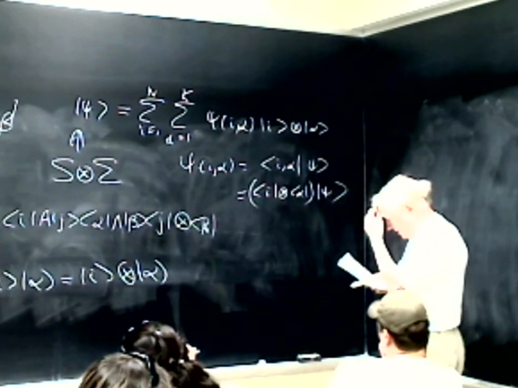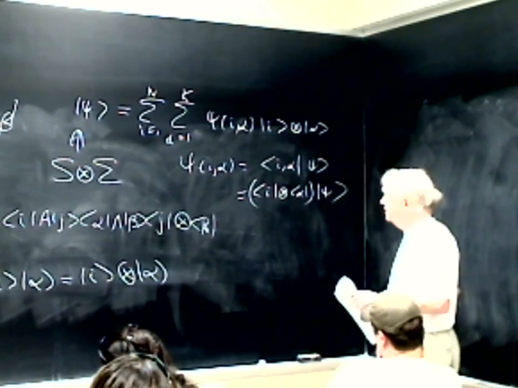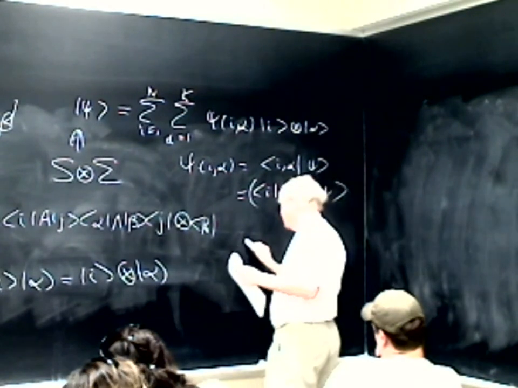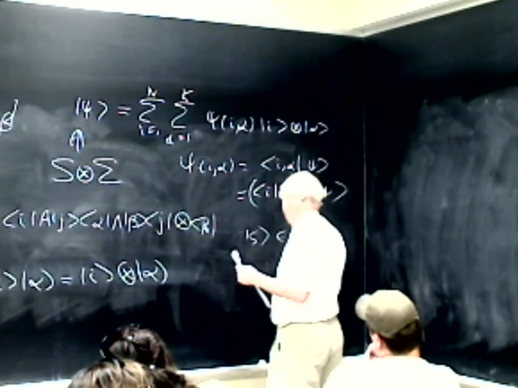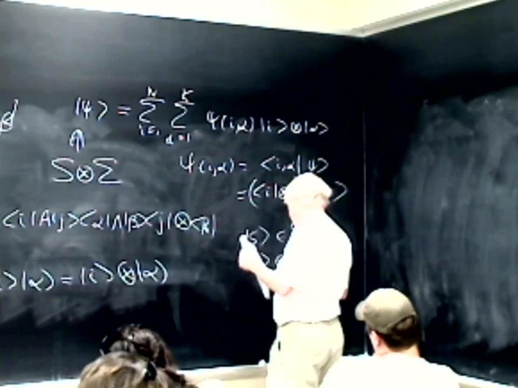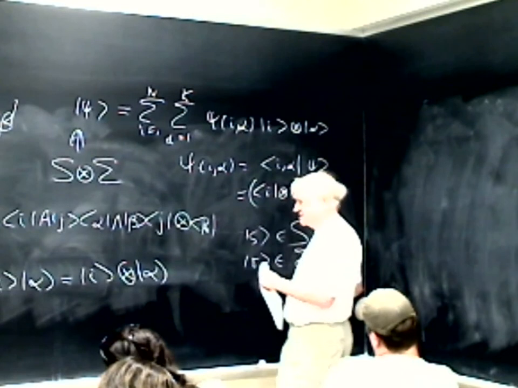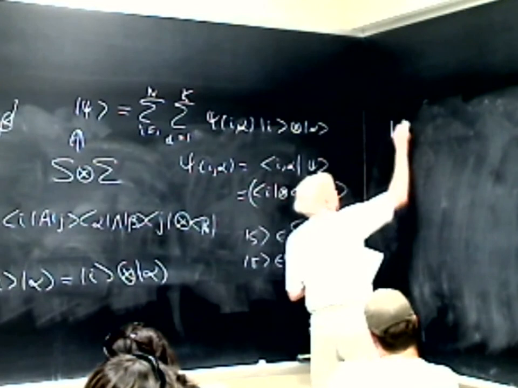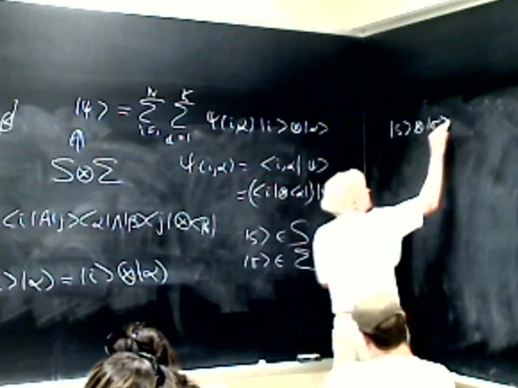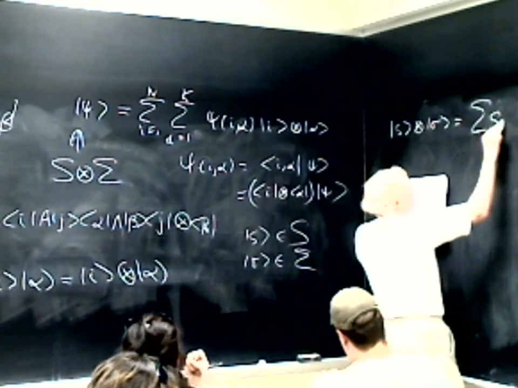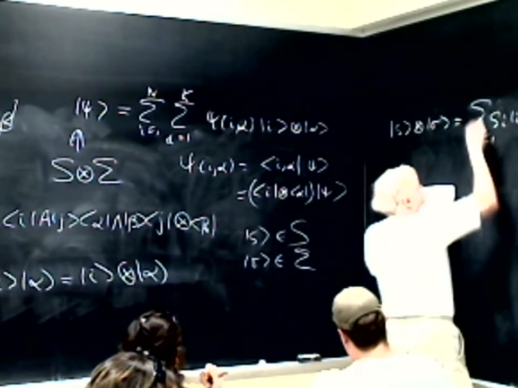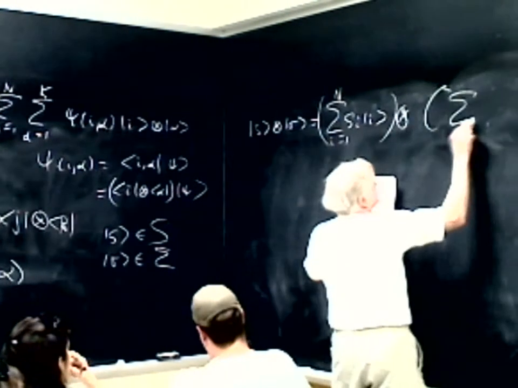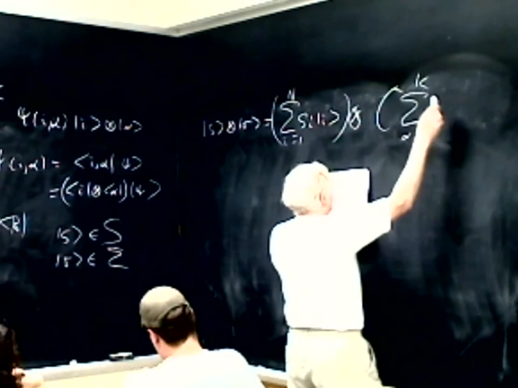And this is a wider choice of vectors than just the direct product vectors. In other words, if s is a vector in S and σ is a vector in Σ, then the vector s cross σ is just going to be sum s_i |i⟩, i equals 1 to n, cross sum σ_α |α⟩, α equals 1 to k.